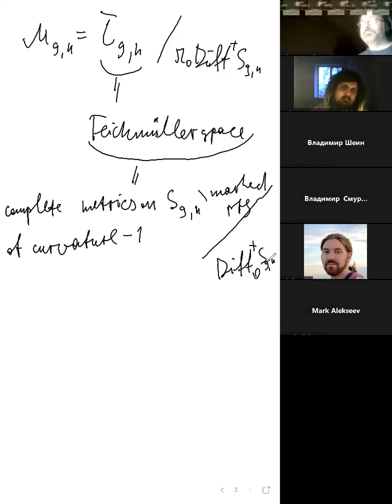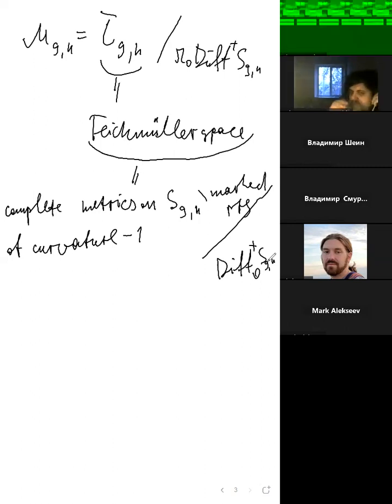And there's a unique metric with these properties compatible with a complex structure. Basically, if you look at the proof for 0 marked points, then the idea is the same.